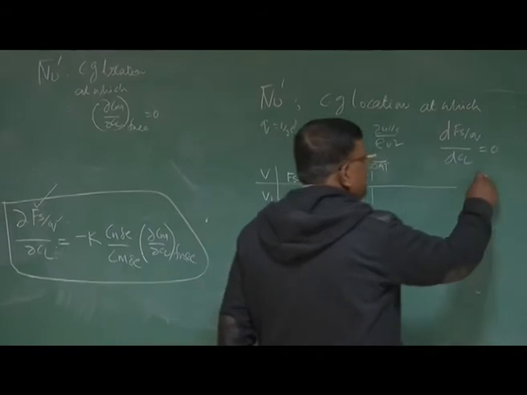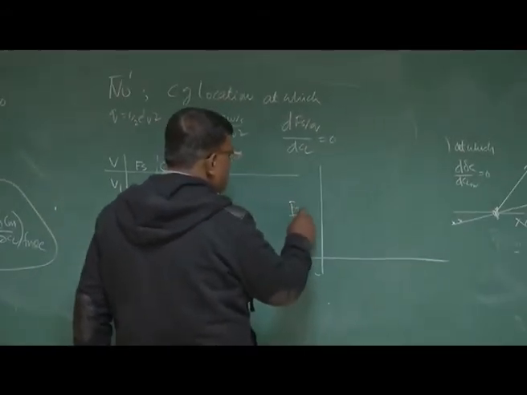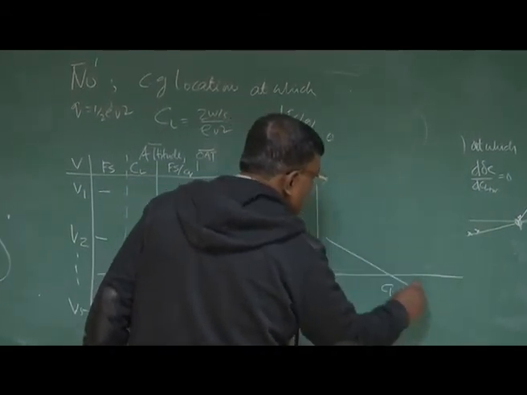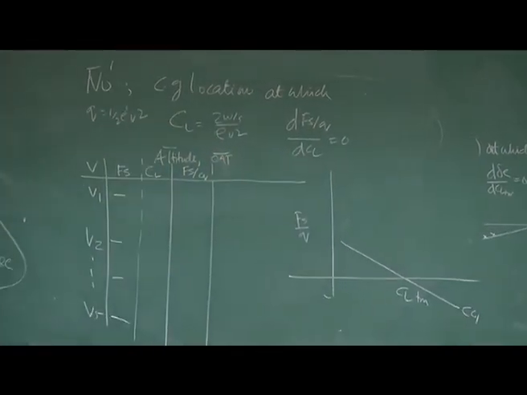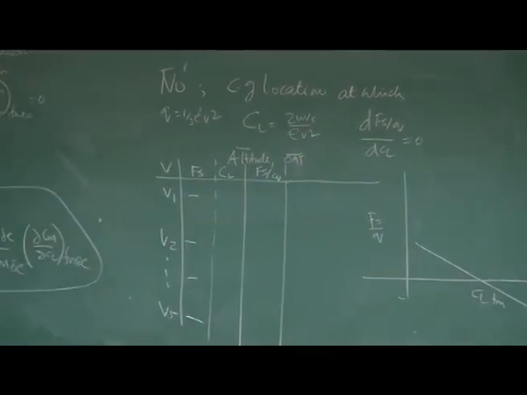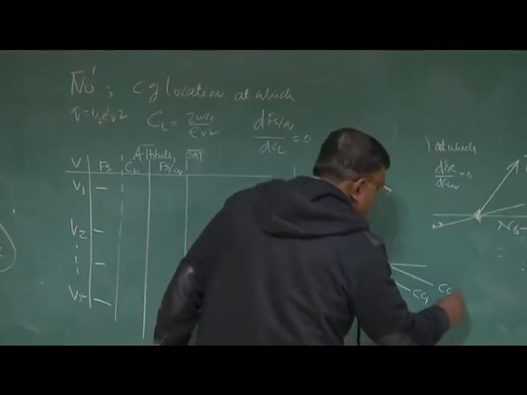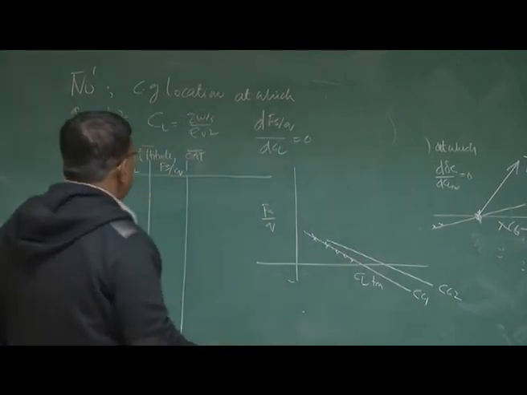Now you plot. What do you do? You are smart now. You plot Fs by Q versus Cl trim for CG1, that is with one configuration. Maybe 2 students you are taking and flying. Next, you take 3 students, another CG2, that is for different points, you are getting Fs by Q from here.